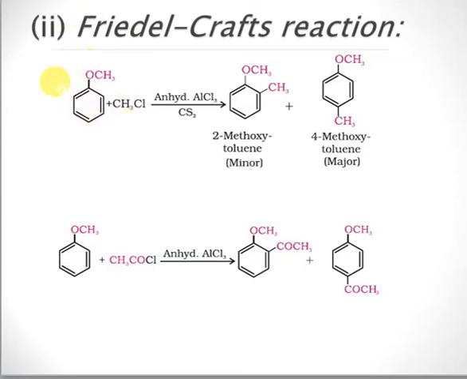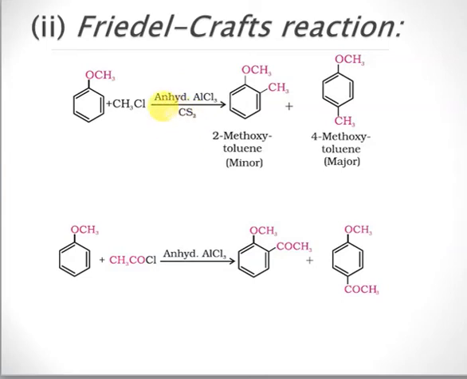For example, we have this anisole and this methyl chloride. We are interested in bringing that methyl group onto the benzene ring, so we have to bring an alkyl group onto the benzene ring. This reaction is called Friedel-Crafts alkylation. The catalyst is anhydrous aluminum chloride, and you may use carbon disulfide as a solvent.